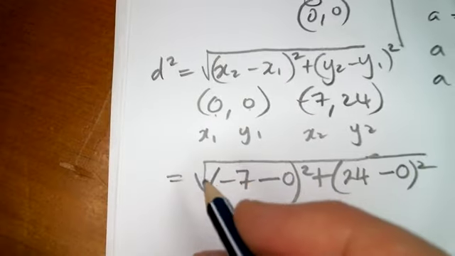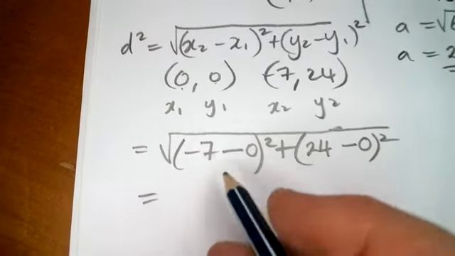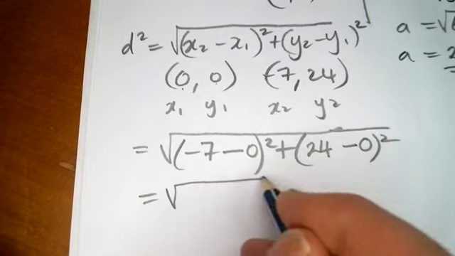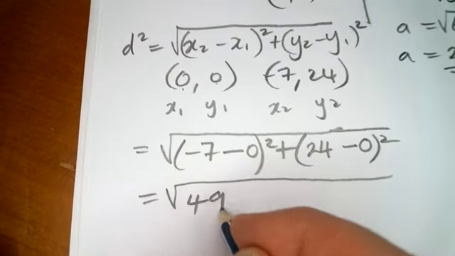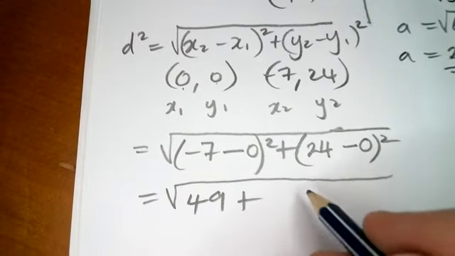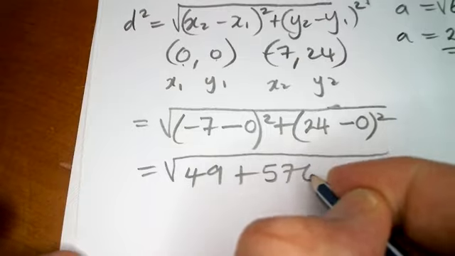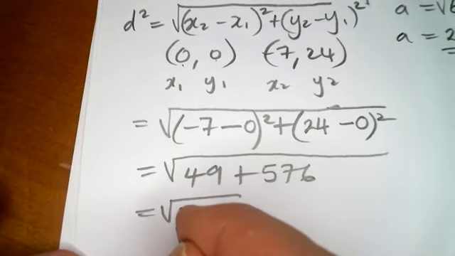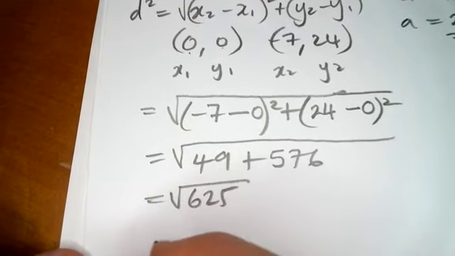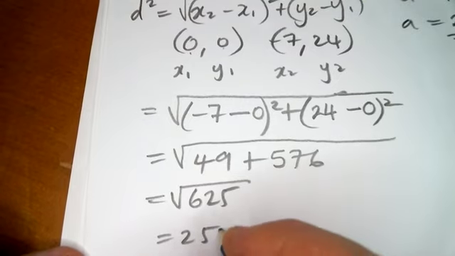And we land in exactly the same place, because negative 7 squared is 49, plus 24 squared, what did we get before? 576. So that gives us the square root of 625, which is 25 units.